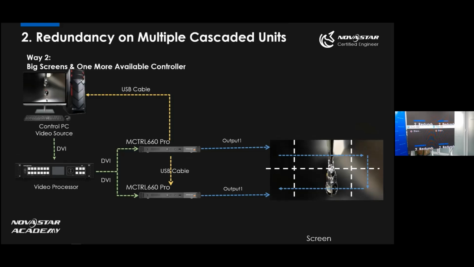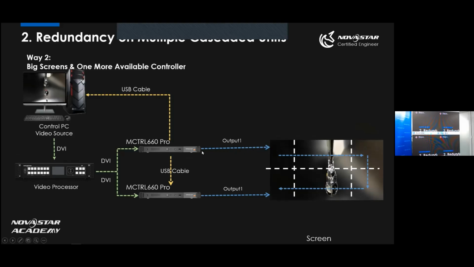We can see in the structure, we connect the control PC to one of the sending cards, and this sending card is cascaded with the second sending card. So here we will use port 1 of the first sending card as the main channel, and the first port of the second sending card will be the backup channel.